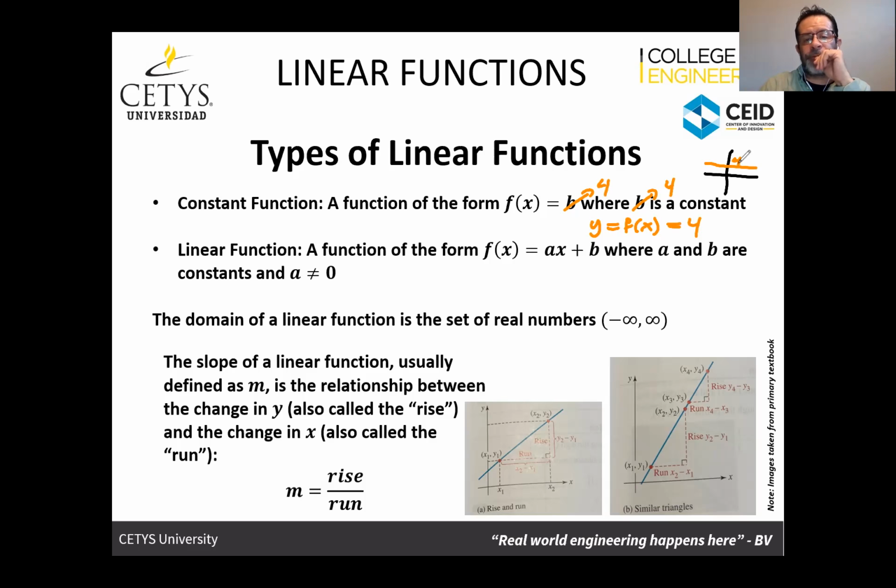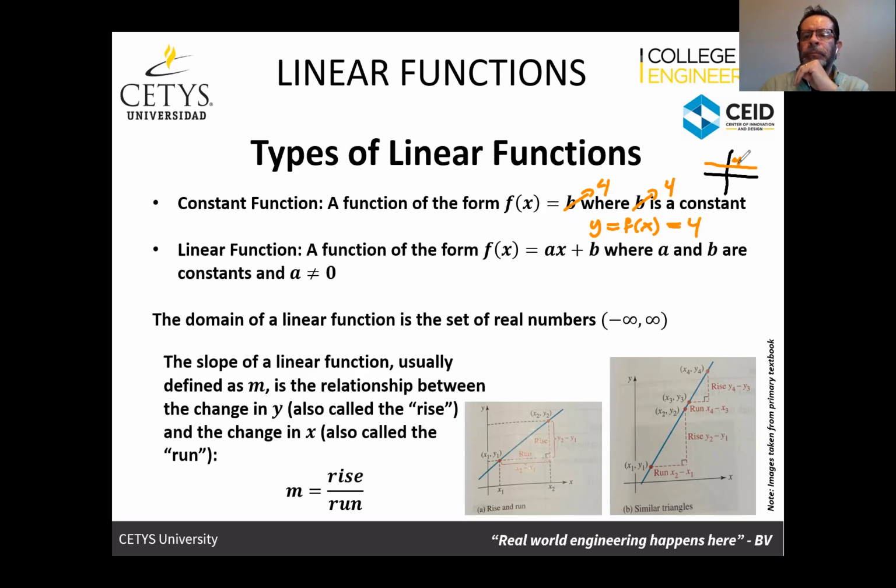Then the other type of linear function is where we have different versions of this, or different models, but the generalized representation is a form f of x equals ax plus b, where a and b are constants, and obviously a is different than 0.